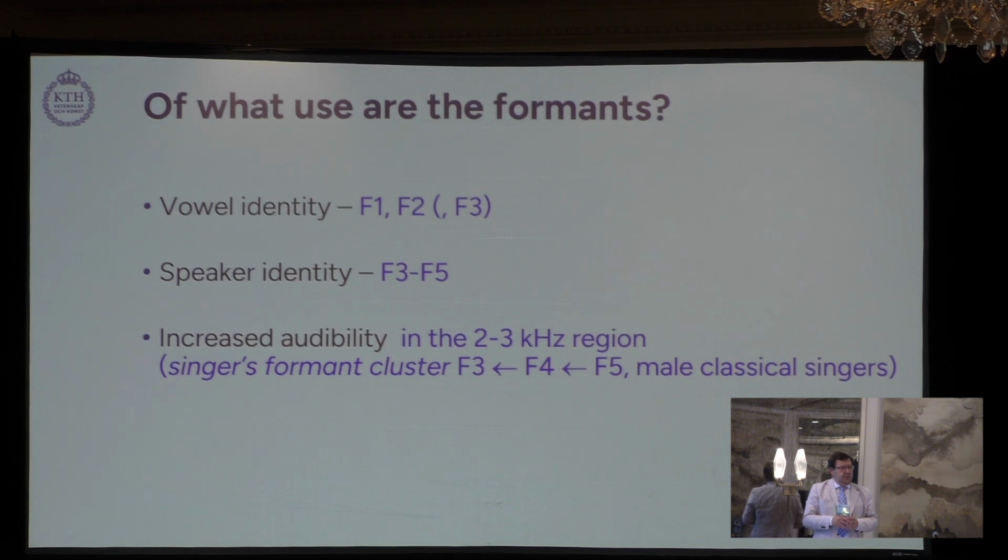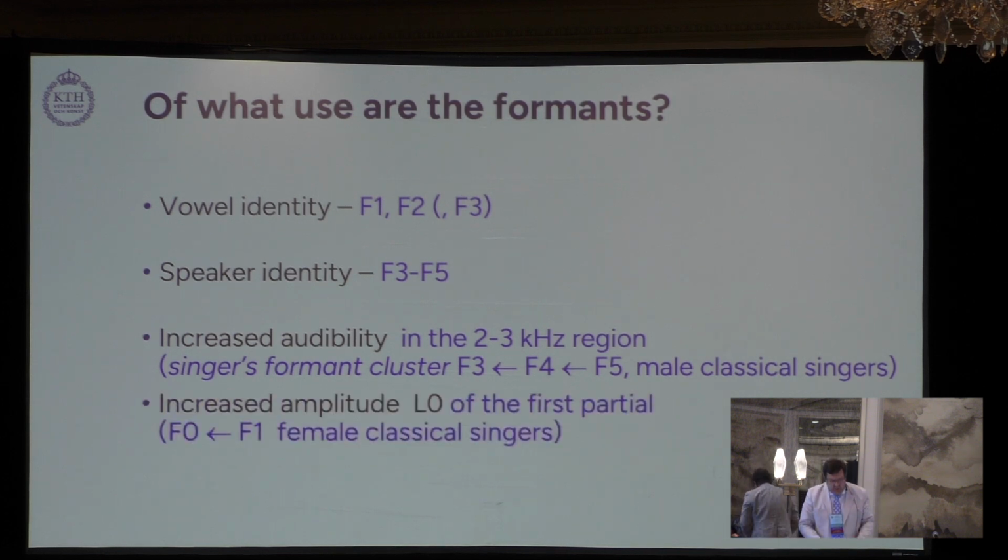So an opera singer, if it's a male, will tend to cluster the third, fourth, and fifth formants into one super formant, which is called the singer's formant. Whereas females can't do that really, not as much because their pitches are much higher. Instead, they can put the first resonance on top of the fundamental frequency and get a huge boost in decibels and presumably in salary.